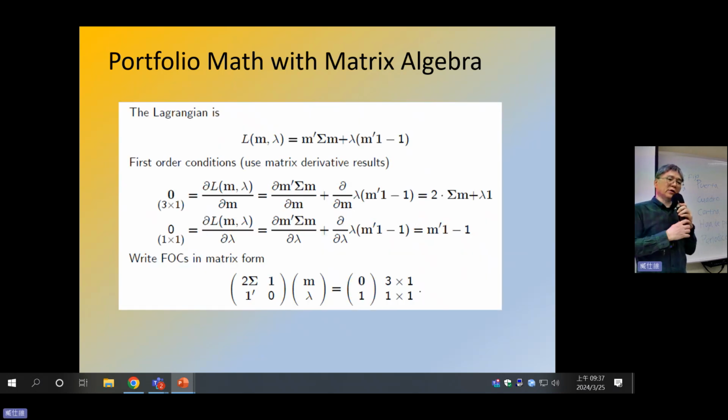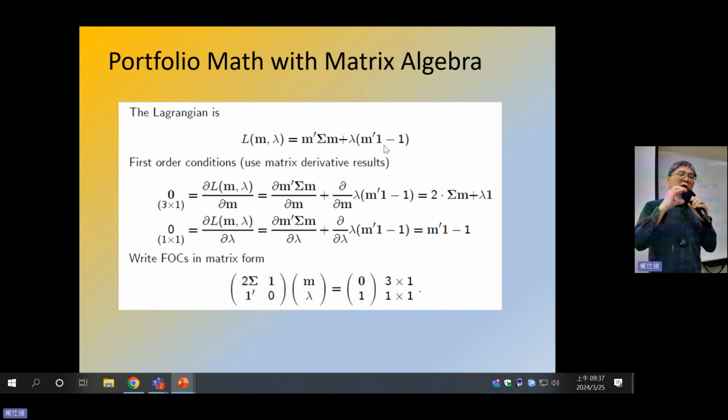Based on this, we can set up the Lagrangian function, with a lambda, so we say L is a function of n and lambda. This is the objective function plus lambda times (n prime 1 minus 1).